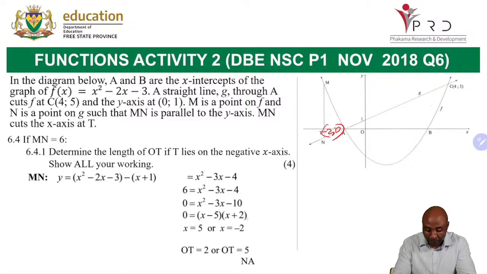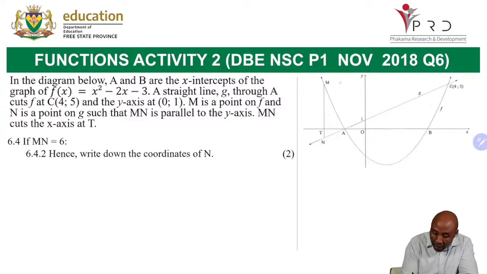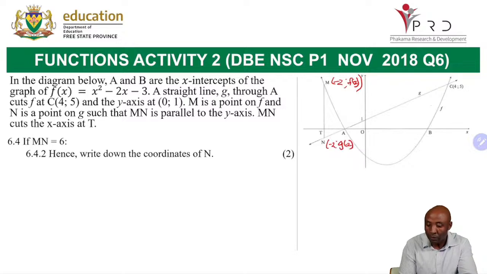Now we move on to 6.4.2. Hence write down the coordinates of N. For you to get the coordinates of N, we know that along the line MN, our x value here will be negative 2 and f of negative 2. That's how we get coordinates. N here will be negative 2 and g of negative 2.